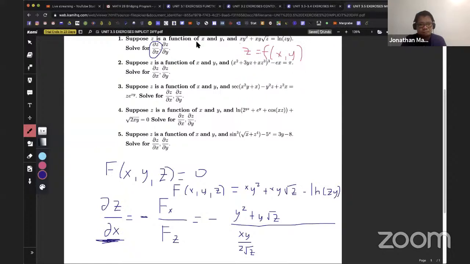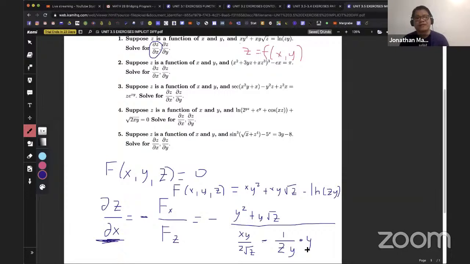Third term, ln of zy, the derivative of that is 1 over zy. Then we multiply this by the derivative of zy with respect to z, which is just 1. So that is the partial derivative of z with respect to x. No need to simplify if you are not asked to simplify the expression.